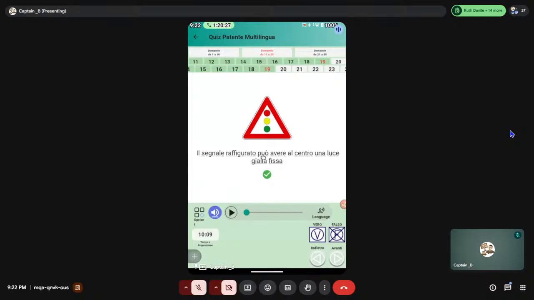Can someone tell me the reason why it is false? Because the yellow light they give you, they blink, they give you a blinking light. It's not going to be yellow, it's going to be a flashing yellow.